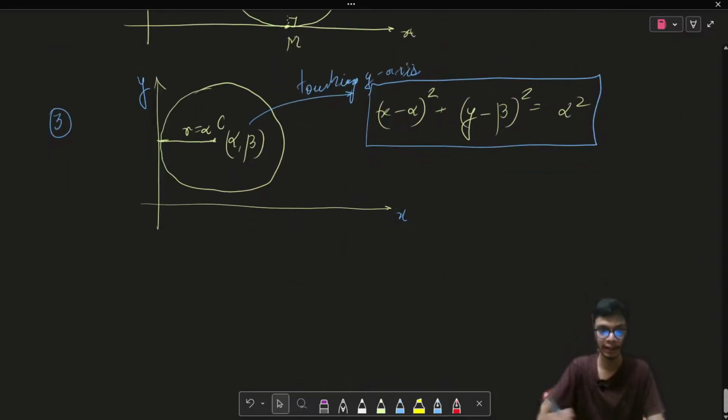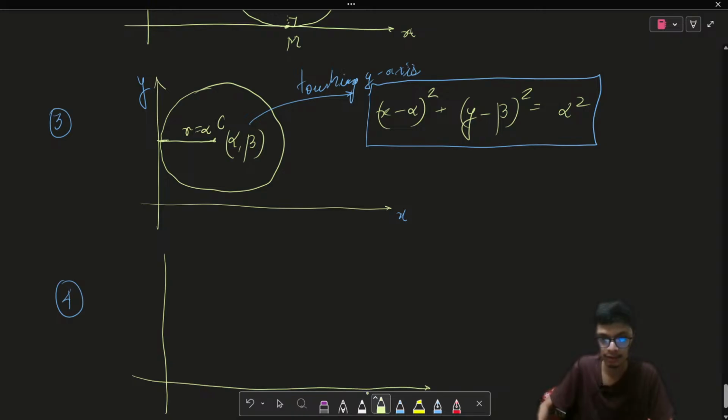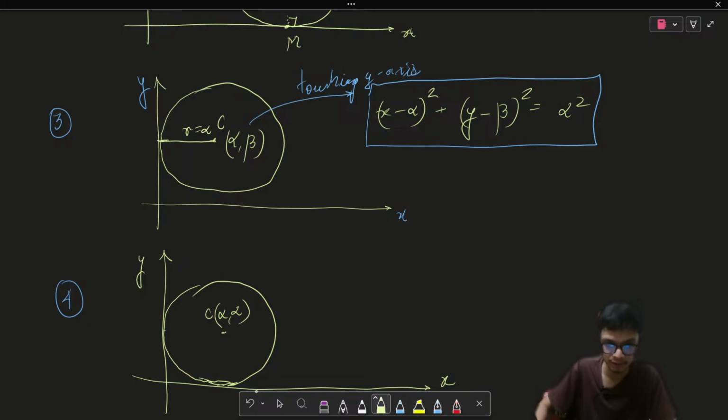In a similar manner, if I talk about what will happen if the circle is touching both the x and the y-axis, something like this, right? In this case, I will have the center as, let us say, alpha comma alpha, because the perpendicular distance of the center from the x and the y-axis should be equal, right?